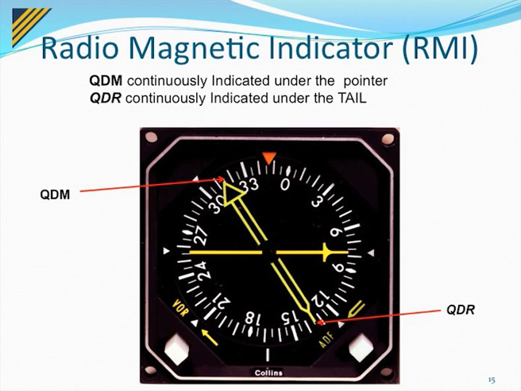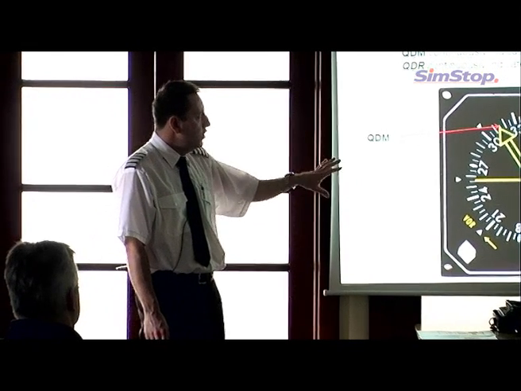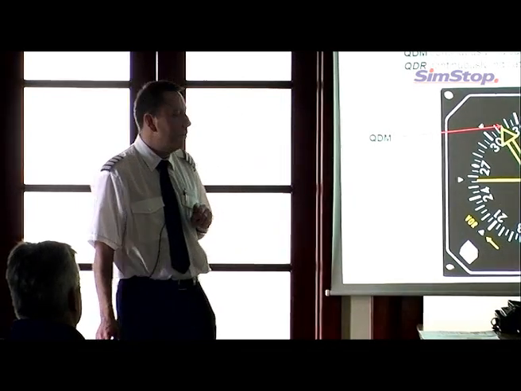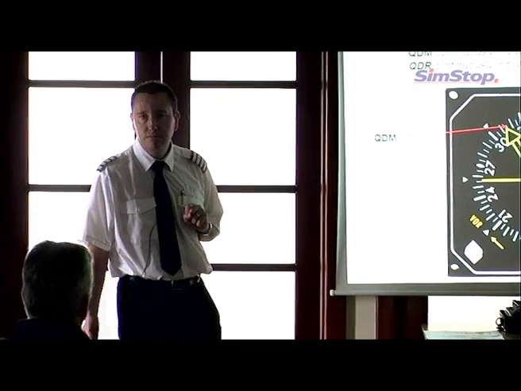The very modern development then is the radiomagnetic indicator, or RMI. And that gives you a continuous readout of your QDM and QDR. The card rotating with the direction indicator. You can use this indicator to point at NDBs.